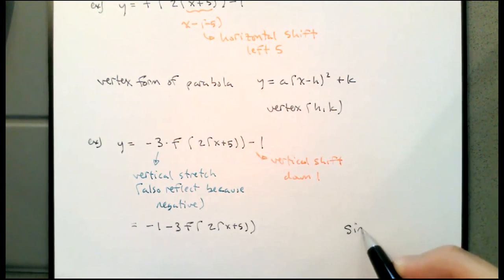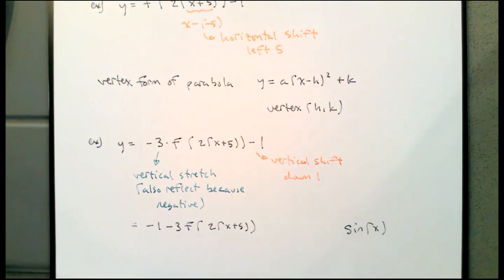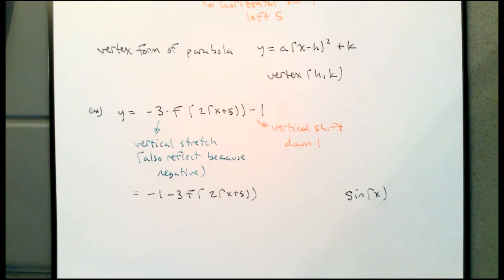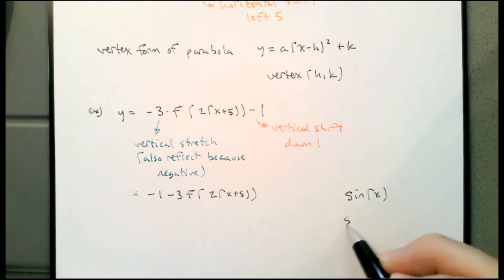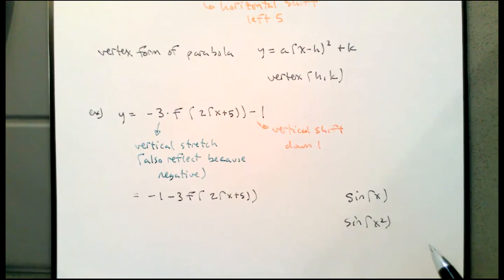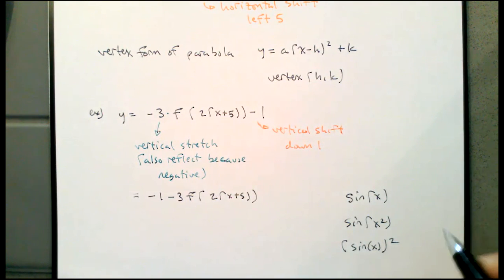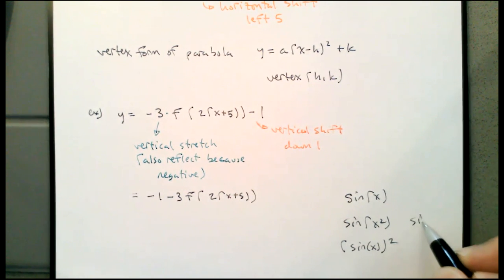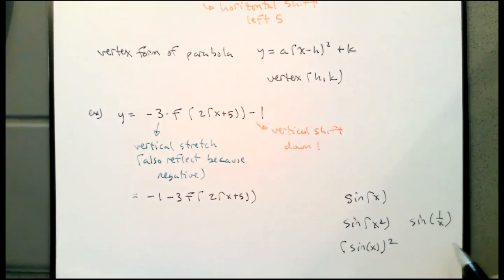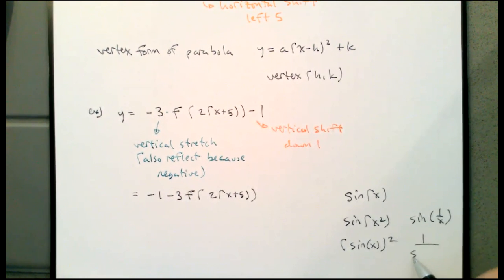So say, pick the function sine of x and some other operation like x squared, and look at the graph of sine of x squared, and then sine squared of x. What happens if you square before the sine? What happens if you square after the sine? Or think about the graph of sine of 1 over x, or the graph of 1 over sine of x.